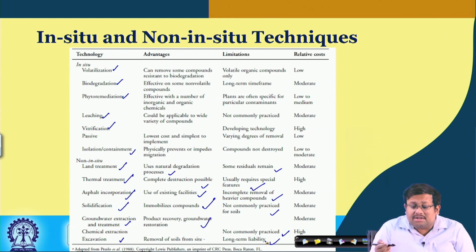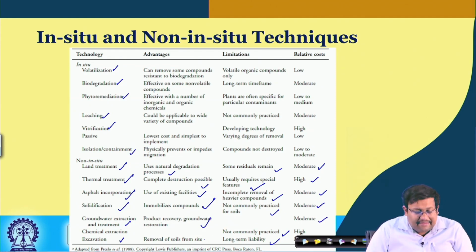So, if we see the relative cost, obviously land treatment has a moderate cost involvement. In case of thermal treatment, it has very high cost involvement. In case of asphalt incorporation, it has moderate. In case of solidification, it has moderate again. In case of groundwater extraction and treatment, it has again moderate, and then chemical extraction and excavation has high cost involvement.